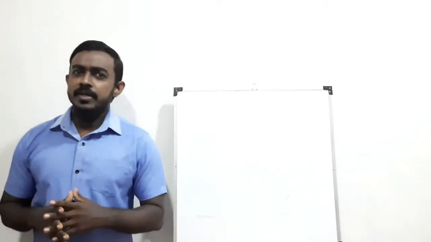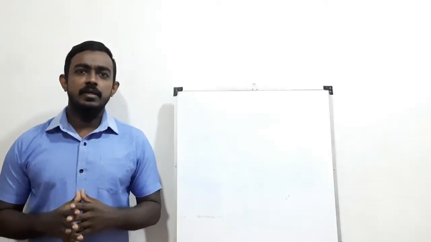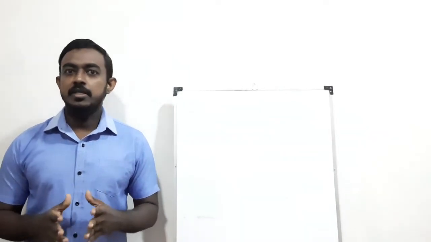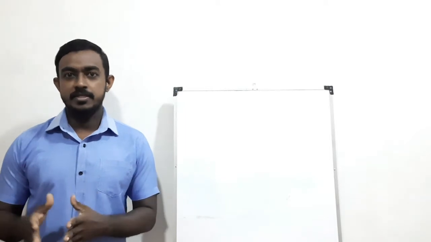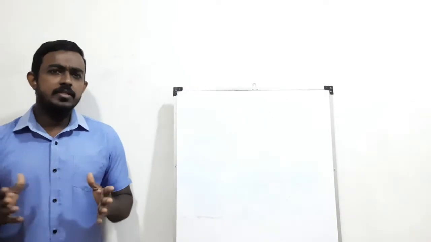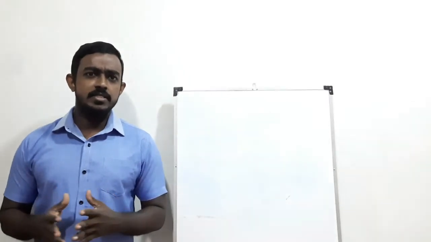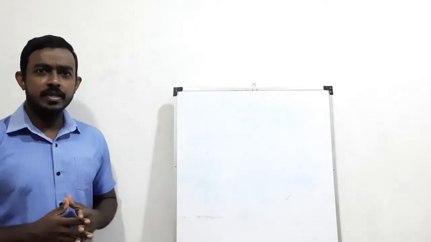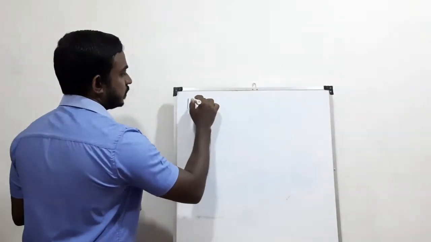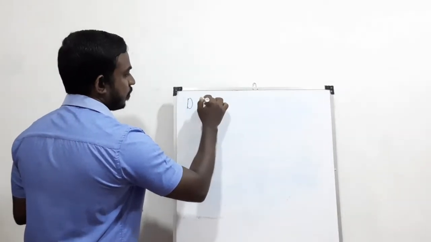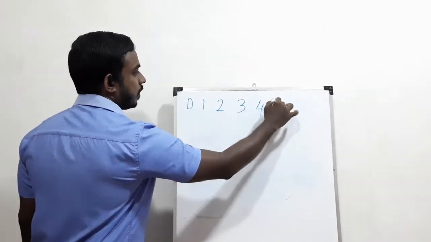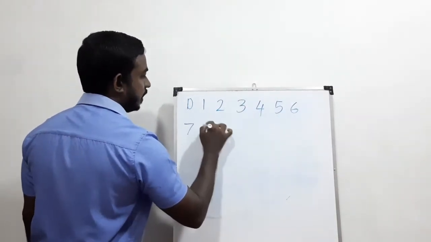So, my dear children, today we are going to learn about algebraic symbols, which is the first lesson of your third term. So, what are these algebraic symbols? Let us discuss. First of all, you know these symbols: 0, 1, 2, 3, 4, 5, 6, 7, 8, 9.